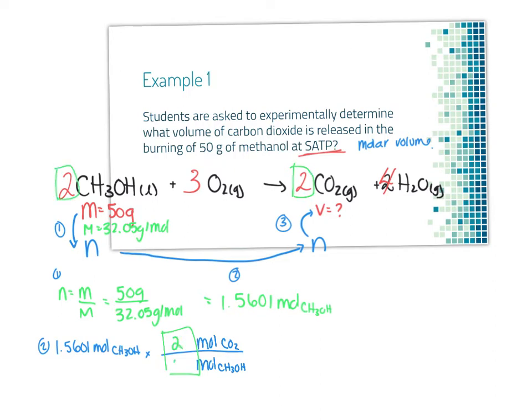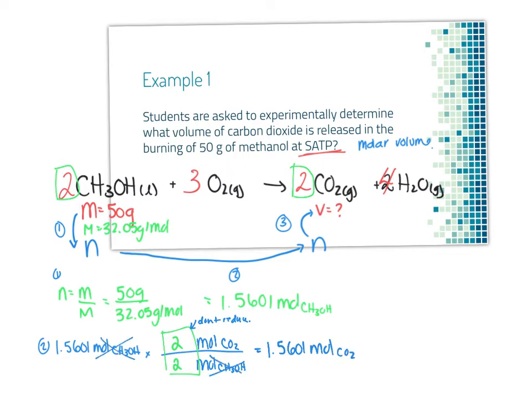So 2 over 2. Although we could reduce that to 1 over 1, I'm going to leave it as 2 over 2 every time, just because those are the numbers I actually have in my balanced chemical equation. So don't ever reduce your mole ratio. All right, so we're going to get the same number of moles, but of CO2.